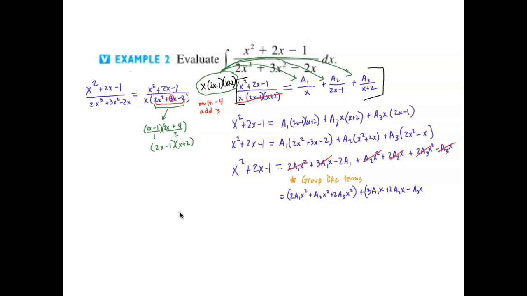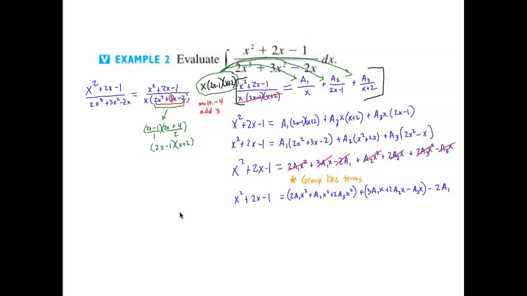I'm just going to group those just for the sake of recognizing that they're together. And the only thing I have left, which would represent a constant, is the minus 2A1. So I have minus 2A1, right? And that's still equal to what we had on the left-hand side, which is x squared plus 2x minus 1.